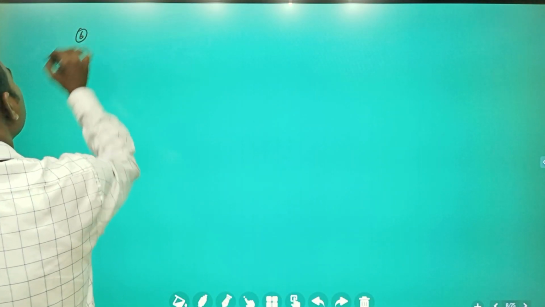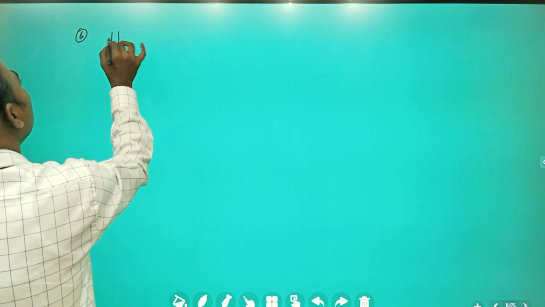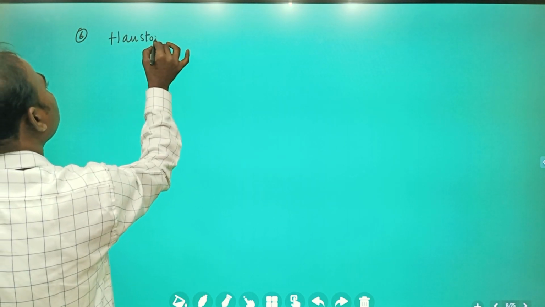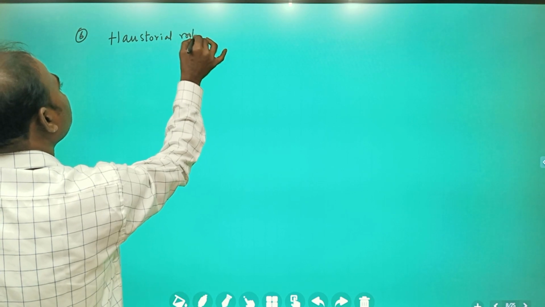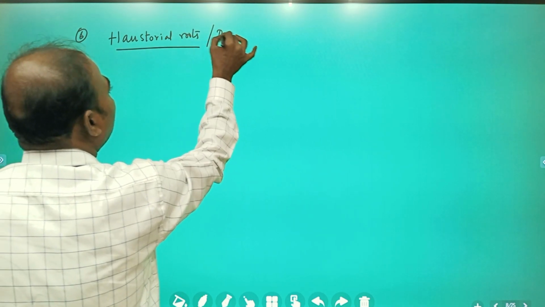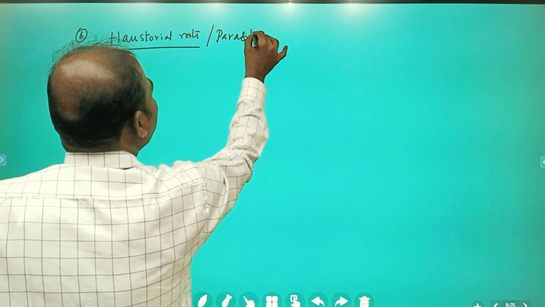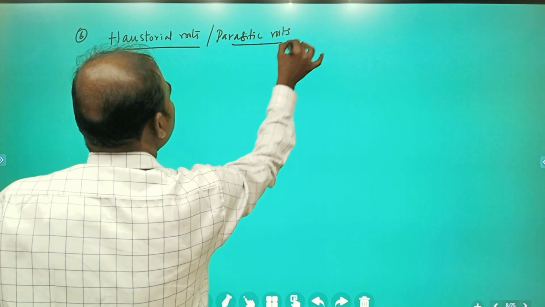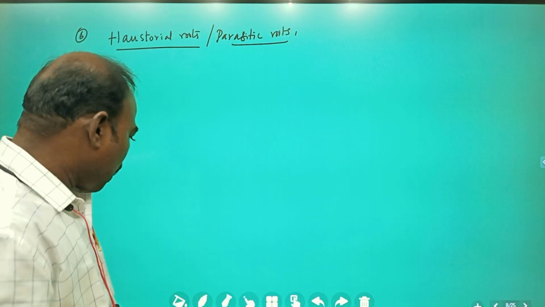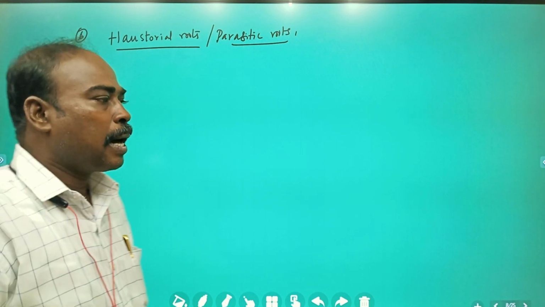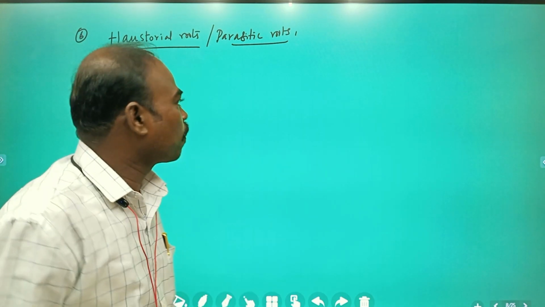Then the last one, haustorial roots or parasitic roots. Haustorial roots or parasitic roots.